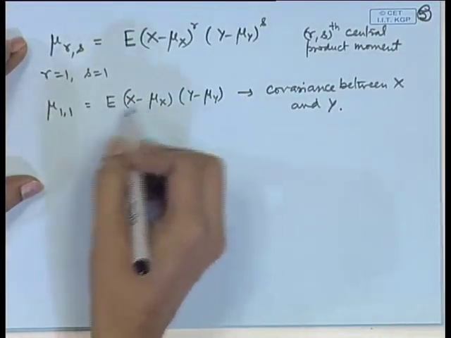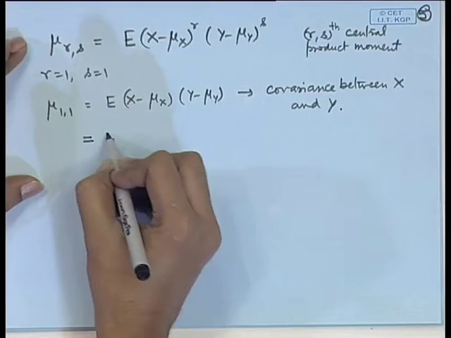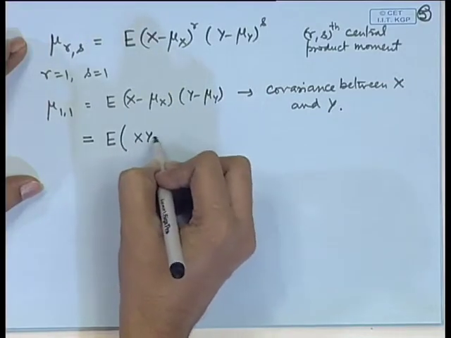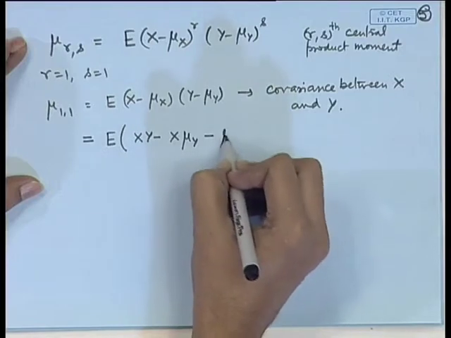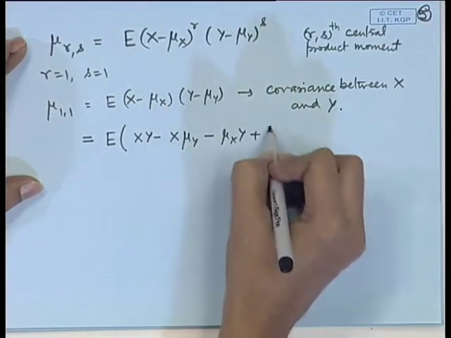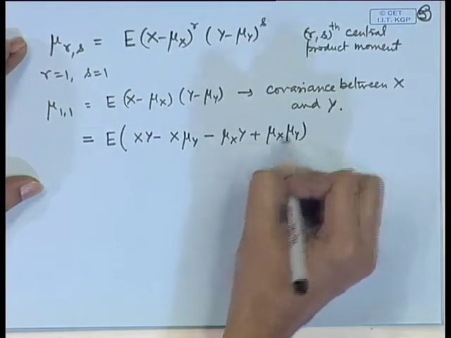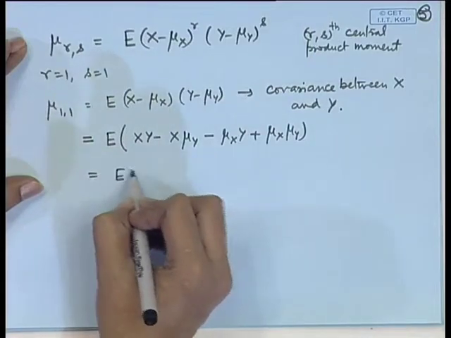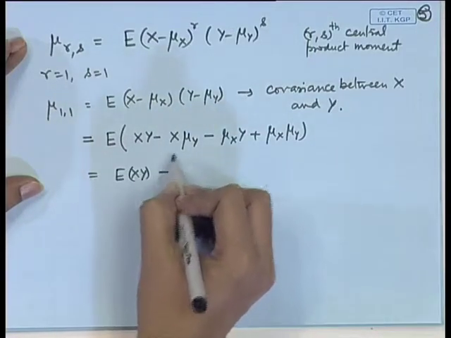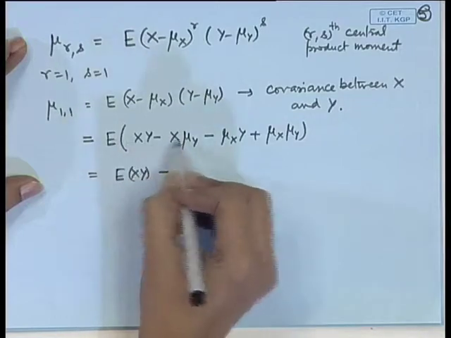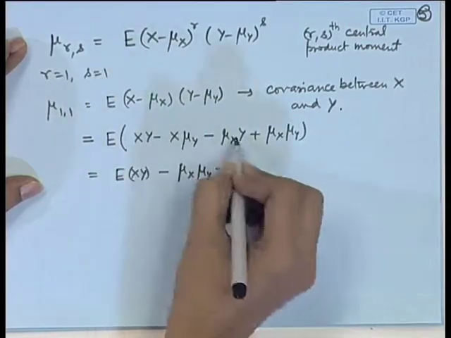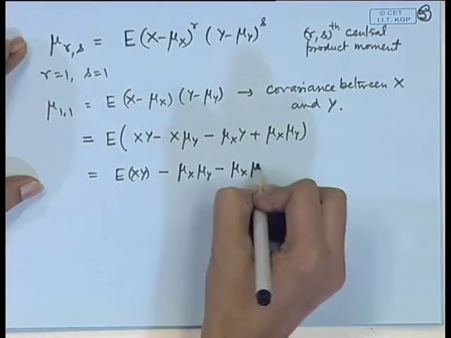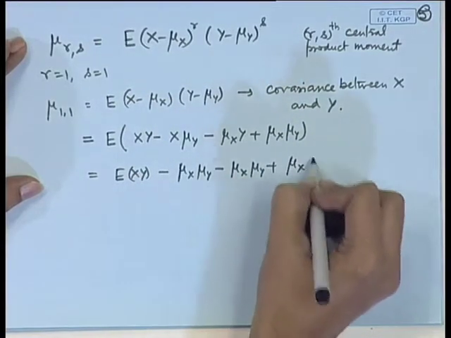We can further simplify this, we can write it as expectation of x y minus x into mu y minus mu x y plus mu x mu y, that is equal to expectation of x y minus. So, now here if we take expectation, this is mu x mu y minus mu x mu y plus mu x mu y.